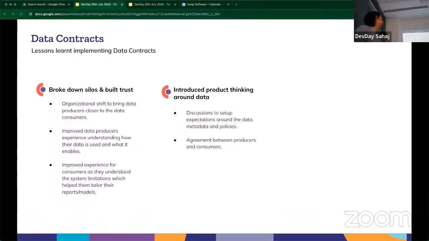The other thing we noticed as part of implementing data contracts is it brings about a lot of product thinking that is there from the software engineering or agile practices into the data world. So thinking about putting your users first or focusing more on the outcomes as opposed to just output.